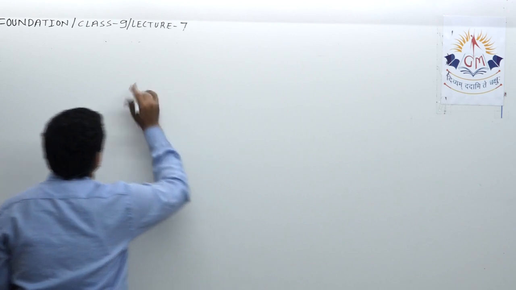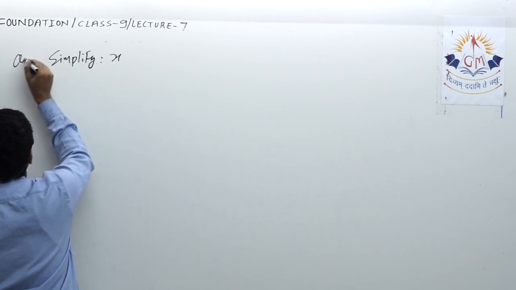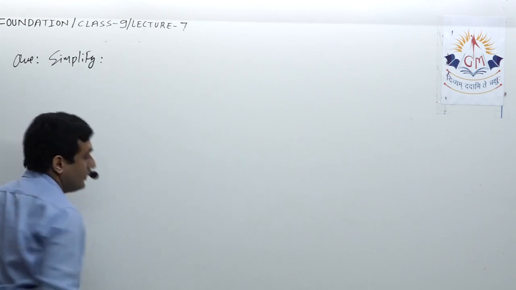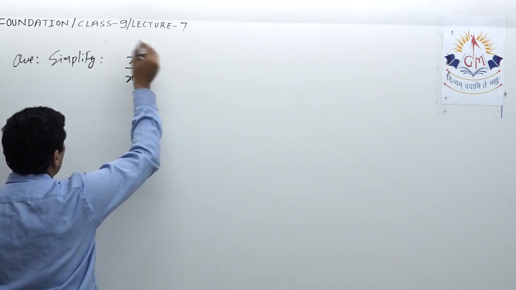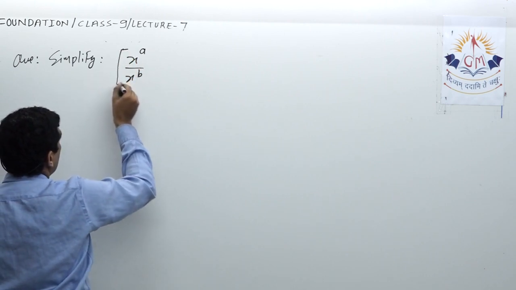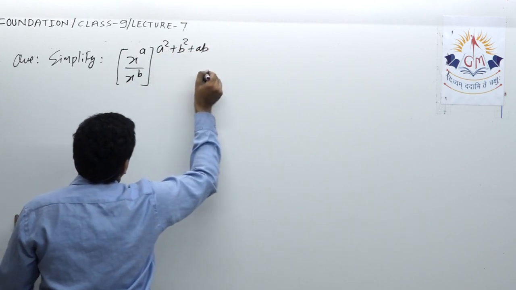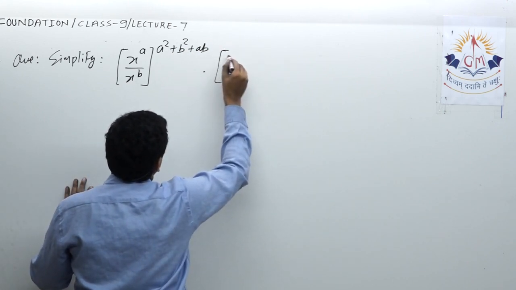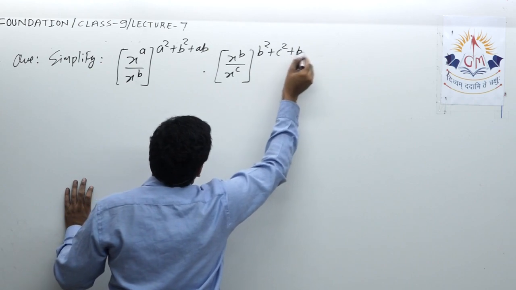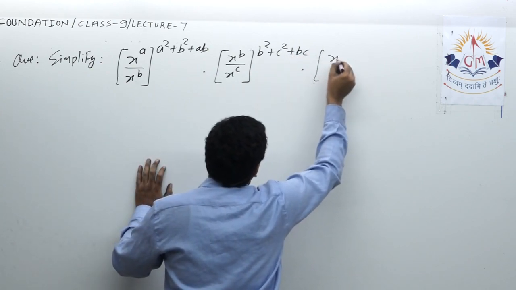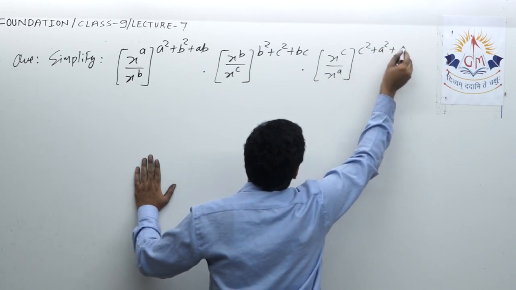Next is x raised to a upon b. Again we have to simplify: x raised to a upon x raised to b, raised to a square plus b square plus ab, into x raised to b upon x raised to c, raised to b square plus c square plus bc, into x raised to c upon x raised to a, raised to c square plus a square plus ac.